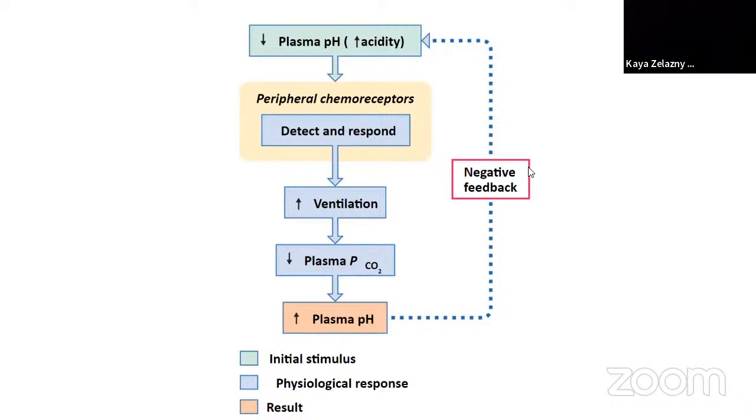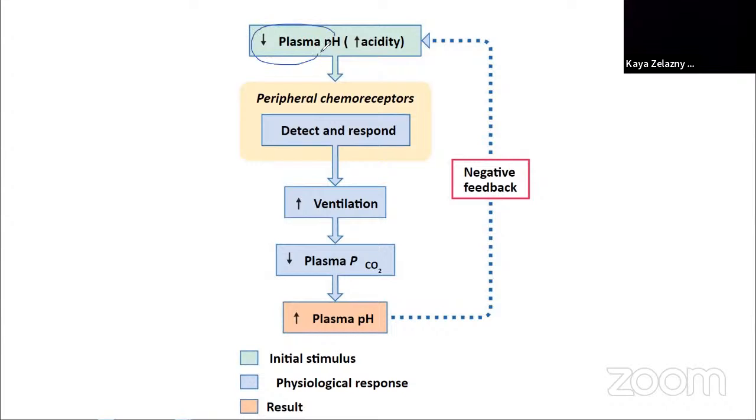The way this would work if we diagrammed it out. So if we note our plasma pH is low, which means we have high acidity, because acidity is talking about those low pHs, our peripheral chemoreceptors are going to detect and respond to that. So they're sensing that the pH is off.